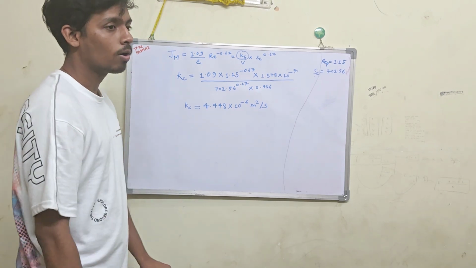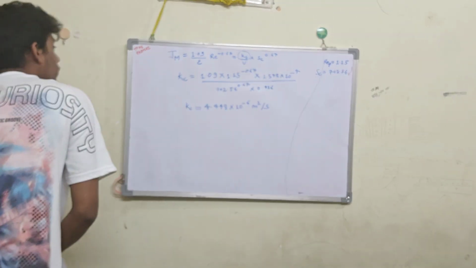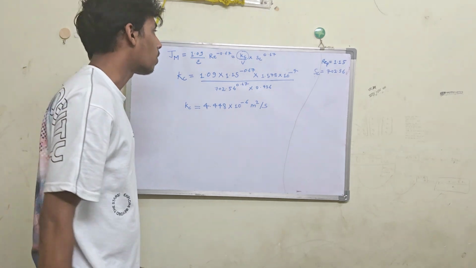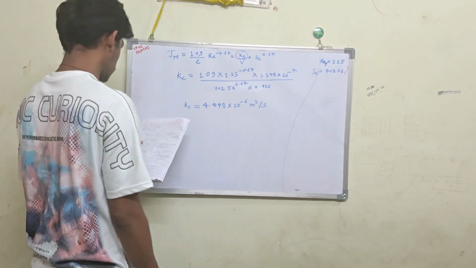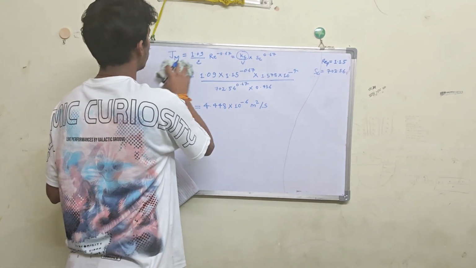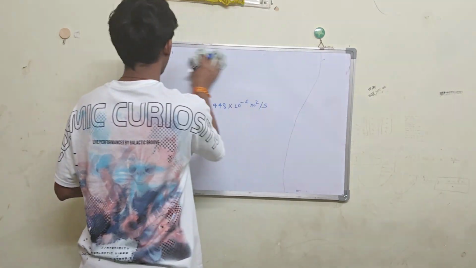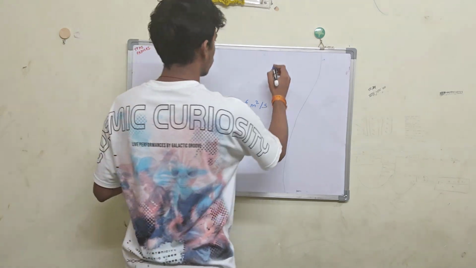So let's move to our second part of the question, which was concentration at the exit of the tower. This Kc value will be useful for us. So write it at one of the corners.